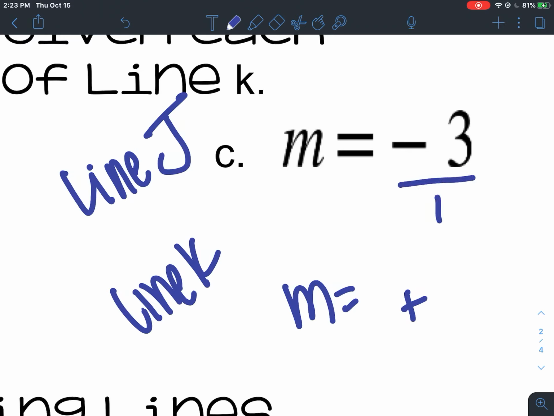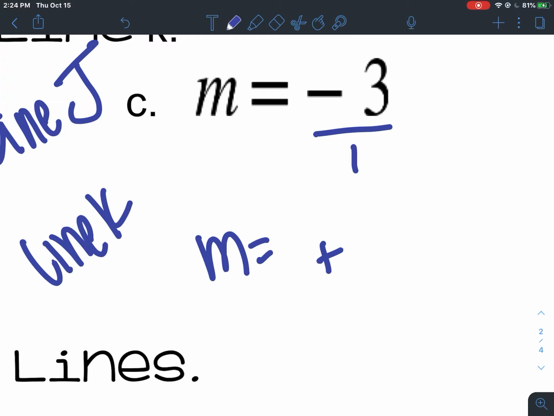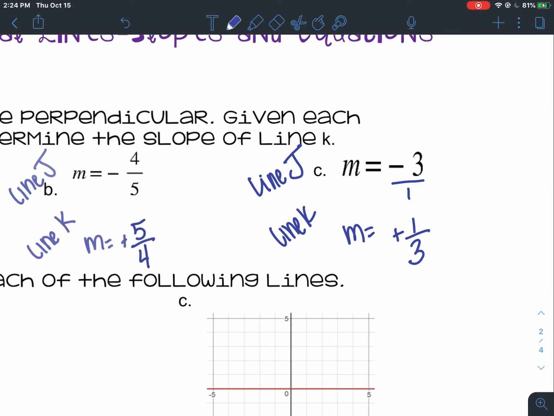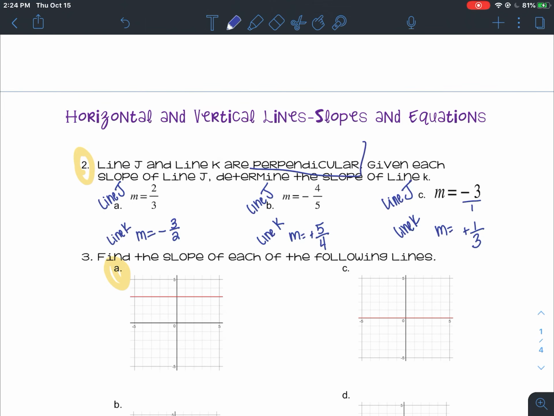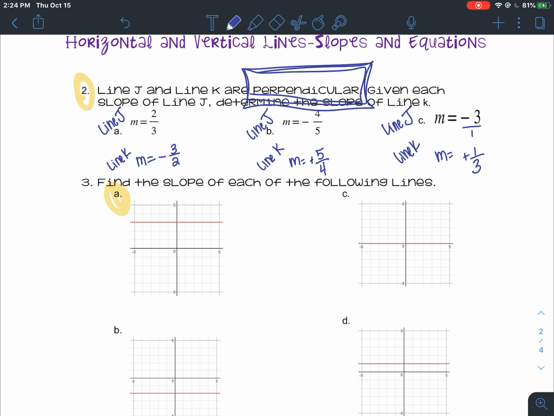Well, remember, I can always put it over 1. 3 divided by 1 is still 3. It doesn't change anything. It's just a way of rewriting it. Writing it over 1 is just tedious, so most people don't. But now I can flip my fraction. So instead of -3/1, we have +1/3. That is for perpendicular lines, opposite reciprocal.